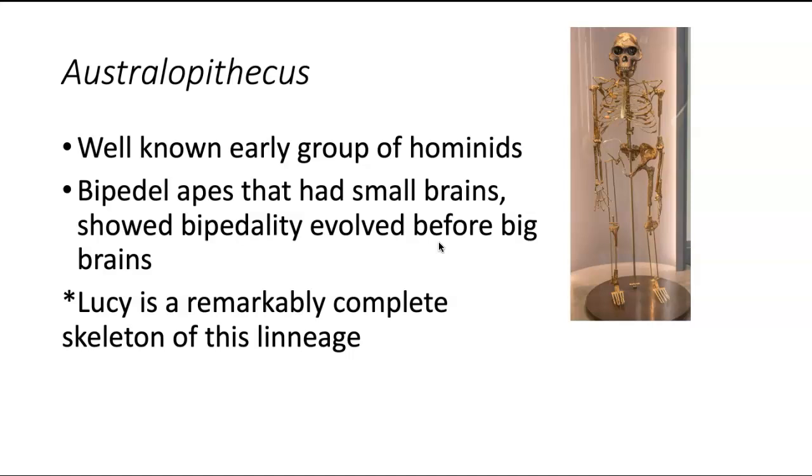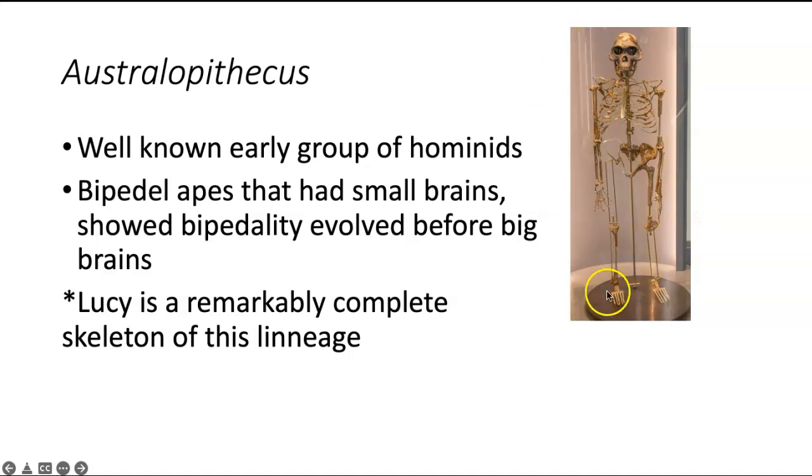And other hominid fossils we'll find are pretty small. And they evolved before big brains, but they showed to be bipedal. So that showed that we went upright before we kind of got the really big brain. Lucy, alright, that is a remarkably complete skeleton of this lineage, founded by the Leakeys.